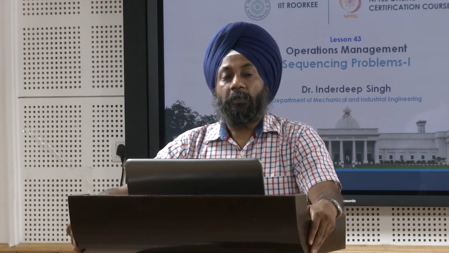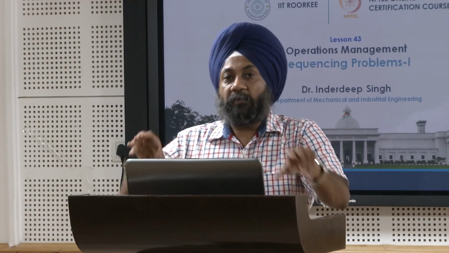If the minimum processing time identified in step 3 belongs to column A, schedule that job first in the sequence table and cross that job from the table. So if, for example, our minimum processing time is in the column for machine A, we will select that particular job for which we have the minimum processing time, schedule that job on machine 1, and cut that job from the table, also from machine 2.